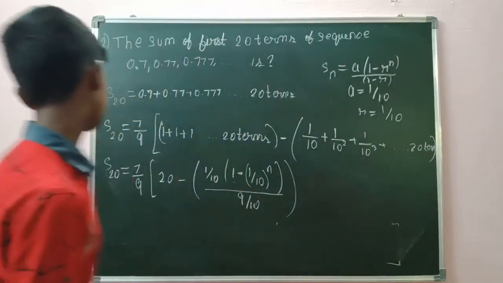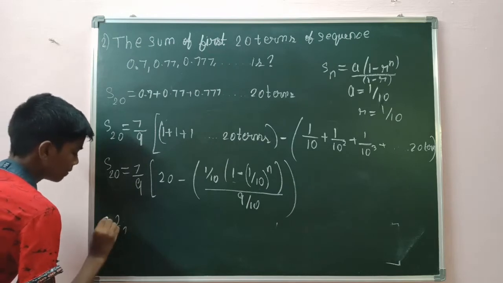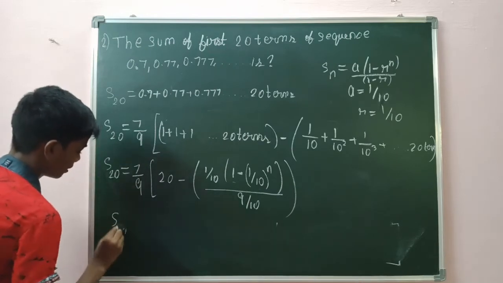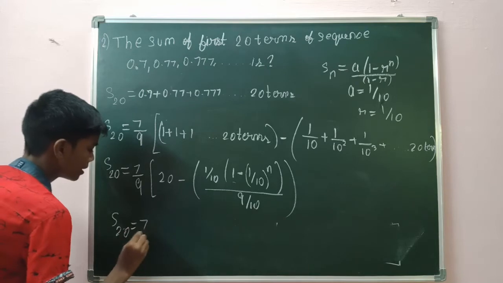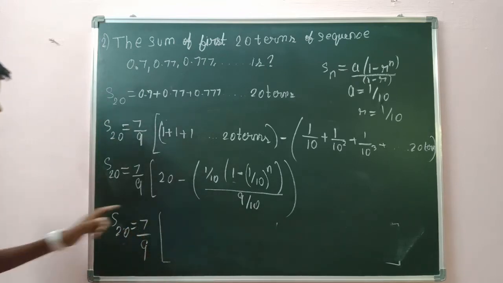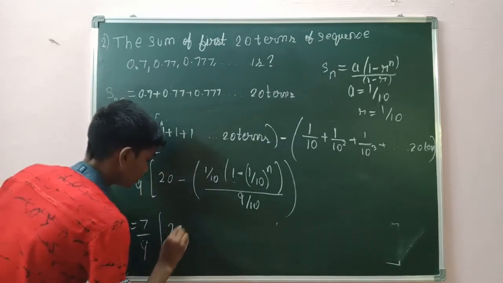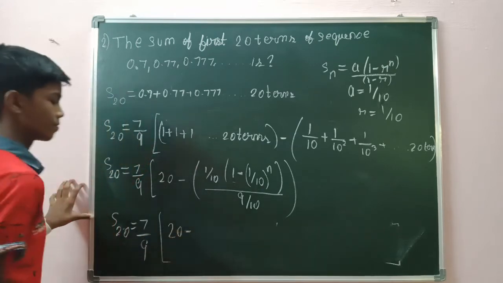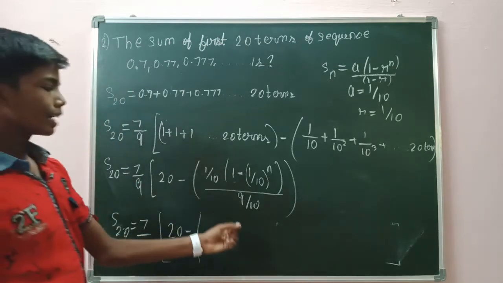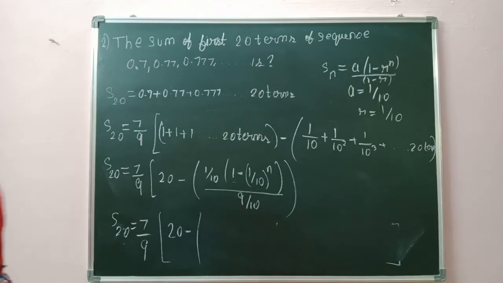So now, S20 can be 7 by 9 into 20 minus of, I can take that 9 by 10 to the numerator, then the 10 will get cancelled.